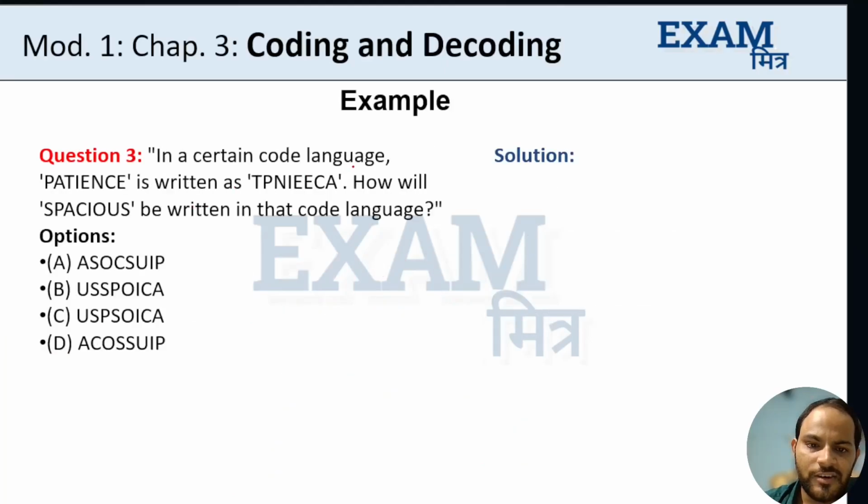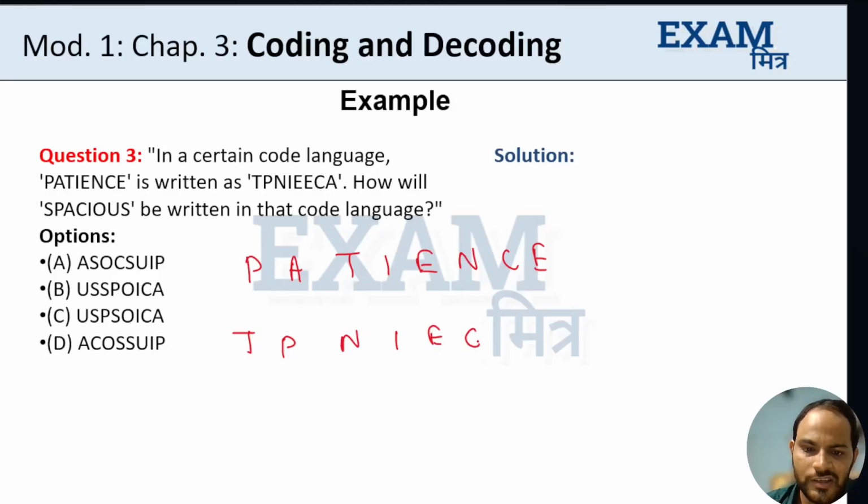In a certain code language, PATIENCE is written as TPNIEEC, with the double E, E C A. Now to decode this, what shall we do?